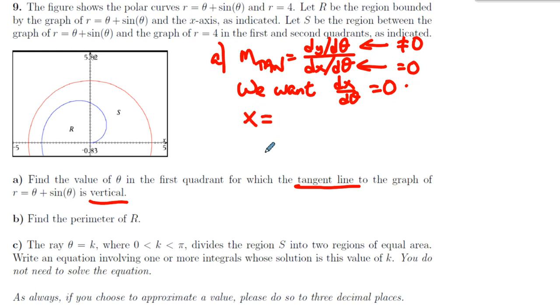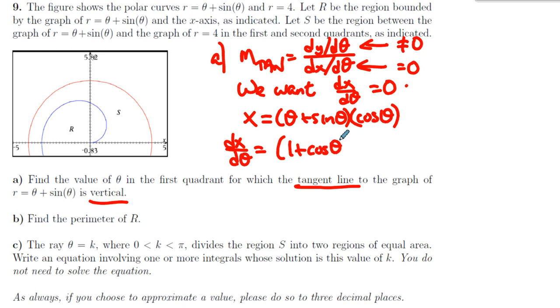Well, we have to remember what x is. x is r cosine theta. So dx d theta is derivative of first times second plus first derivative second.